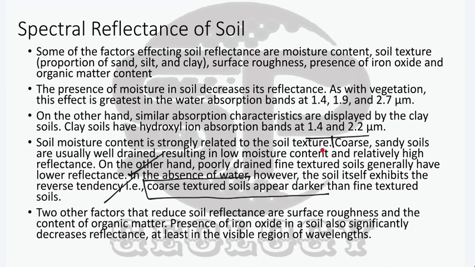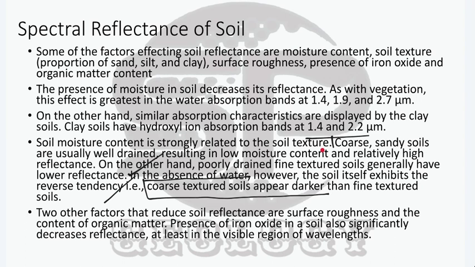If water is present in the soil, then what generally happens with the coarser grains? They cannot absorb much water. They generally drain the water because of the presence of voids. So they will appear lighter, but the finer grains will absorb water because the permeability is not high, so they will appear darker.